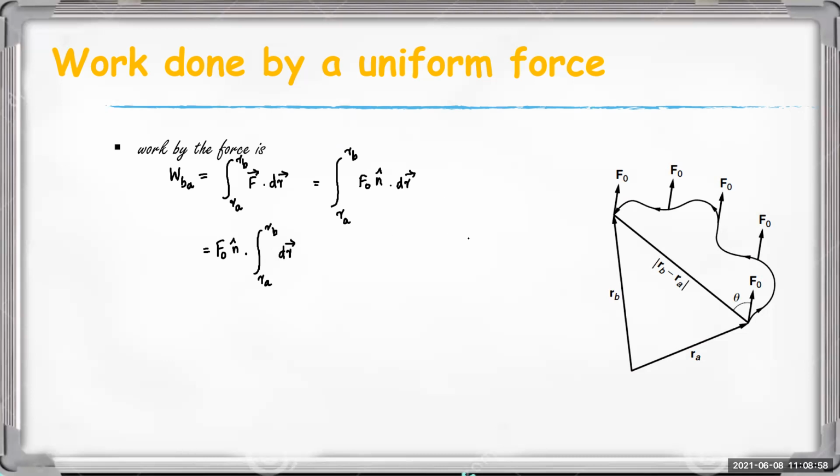Then what is dr? dr is the line element. Here we consider the Cartesian coordinate system. So the line element in the Cartesian coordinate system must be equal to dx i cap plus dy j cap plus dz k cap. Okay.